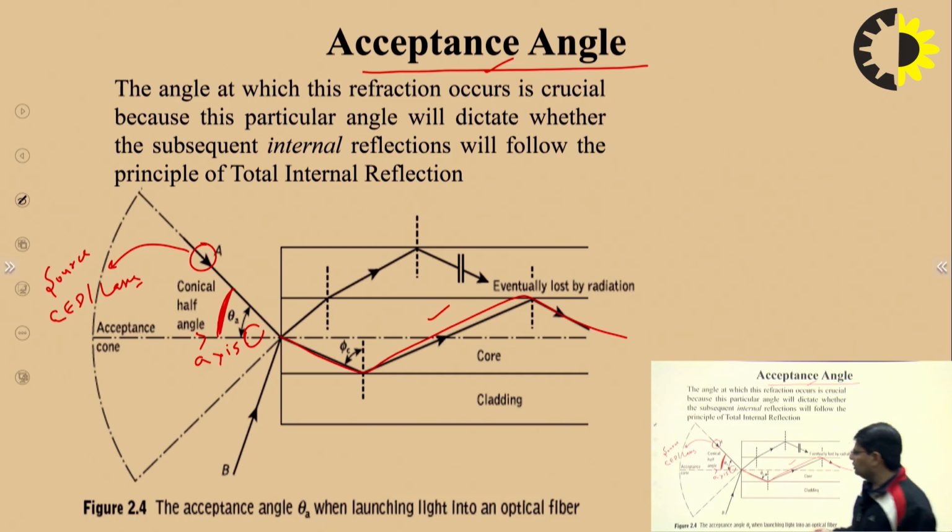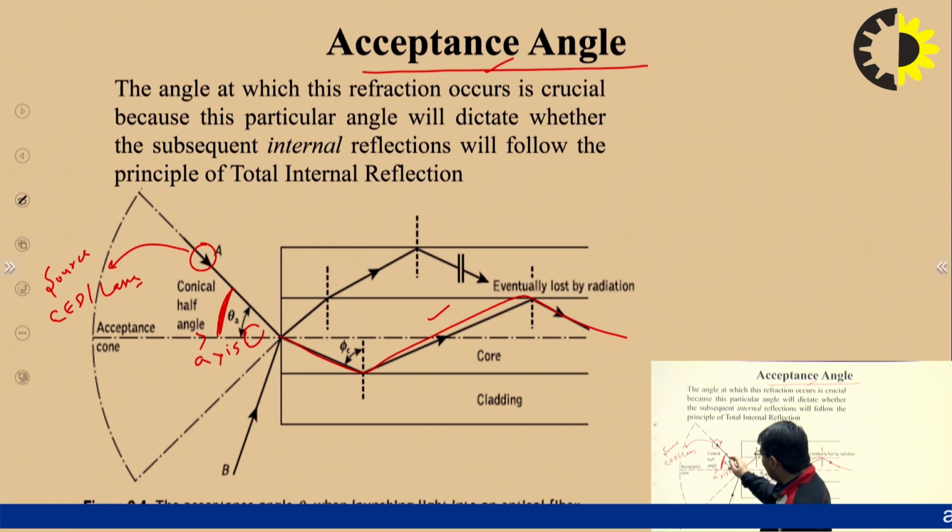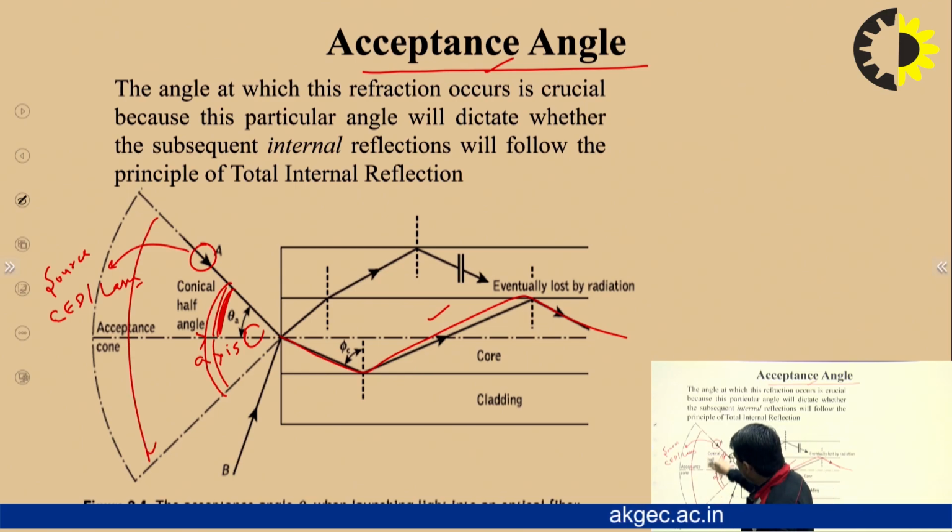That is, the optical source can be placed within this range. That may be above this axis or below this axis, and this is known as the acceptance cone.